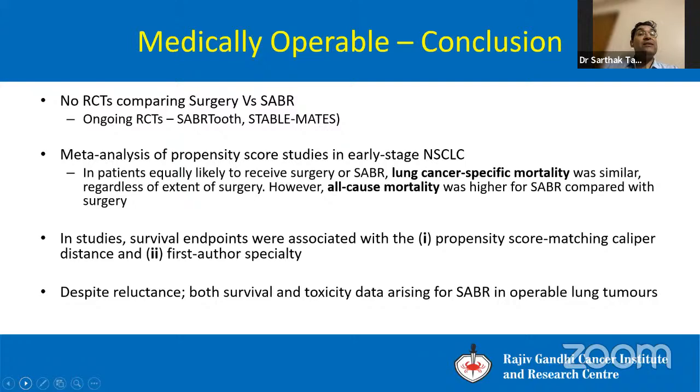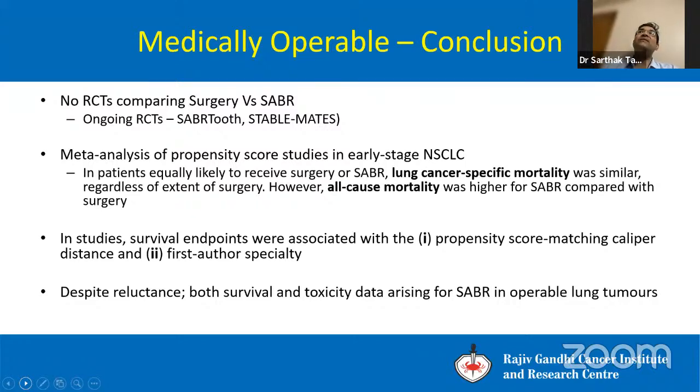All-cause mortality was higher for SABR, but this could be because of bias in distribution at baseline. In studies, survival endpoints were associated with the propensity score matching caliper distance and first author specialty, so the survival endpoints vary by whoever publishes the data.